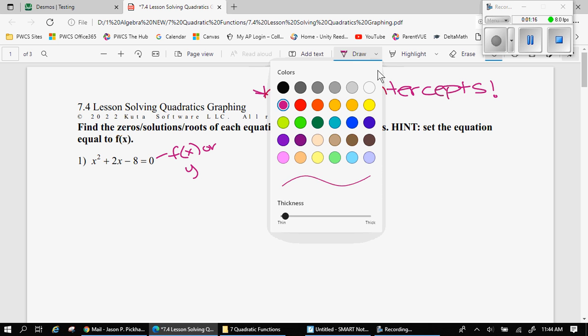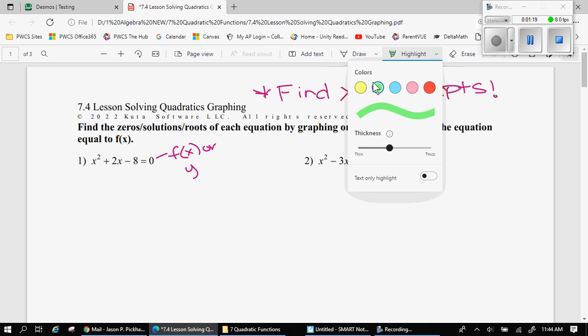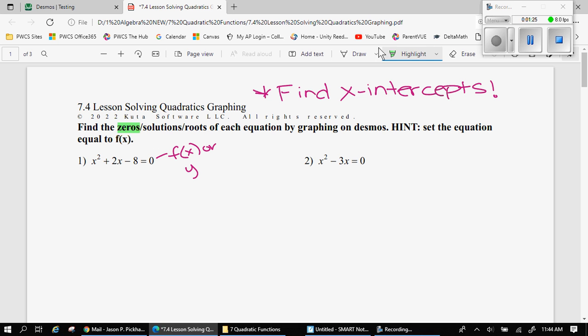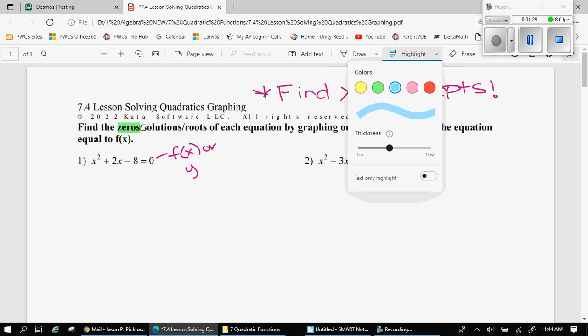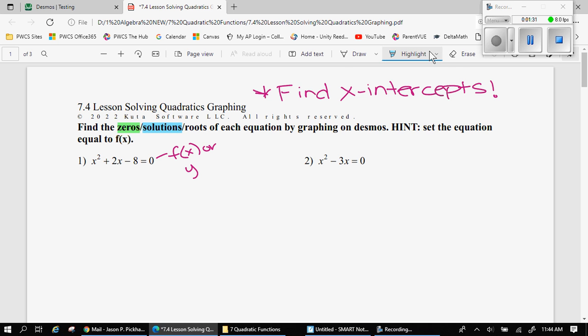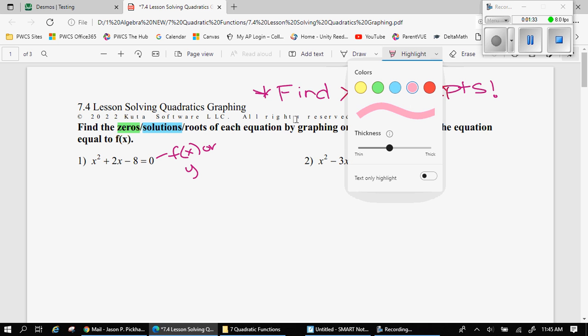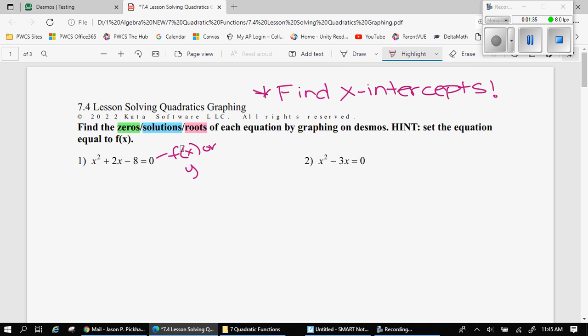And we have a few different names for those x-intercepts. We called them x-intercepts last time. We call them zeros. It's the place where y is 0. We call them solutions. And then we also call them roots. Those three words are kind of interchangeable.